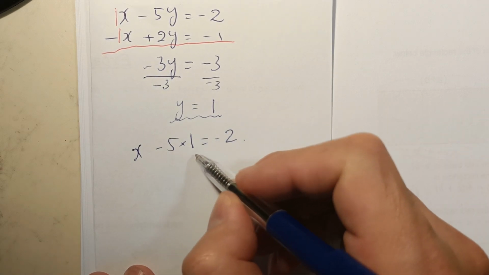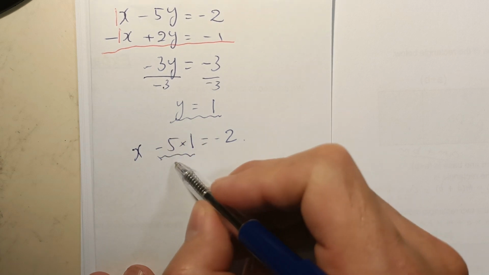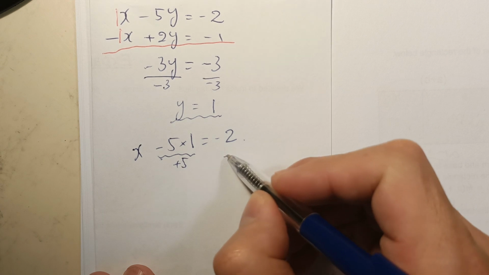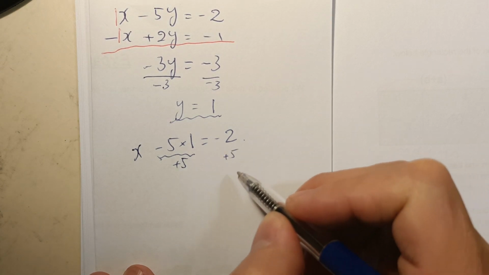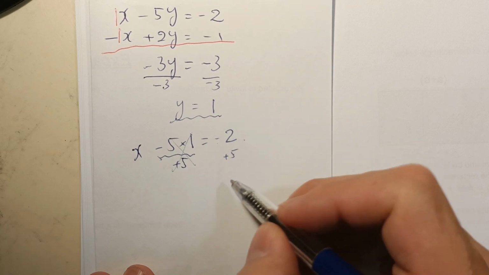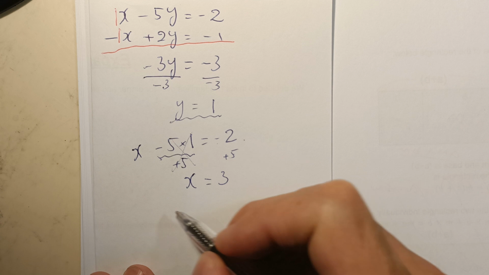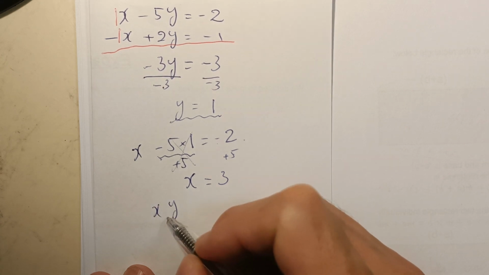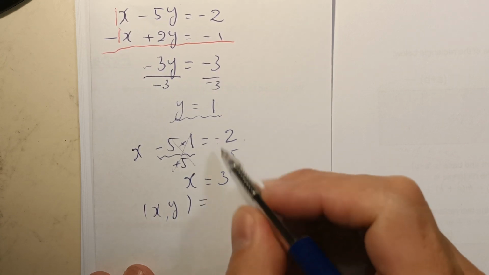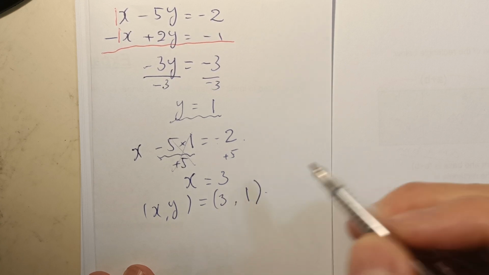To get rid of this number, which is negative 5, you add 5 on both sides, isn't it? Then you can cancel this part, and then 5 take away 2 is 3. So x equals 3. So the answer is x, y equal 3 and 1. Okay?